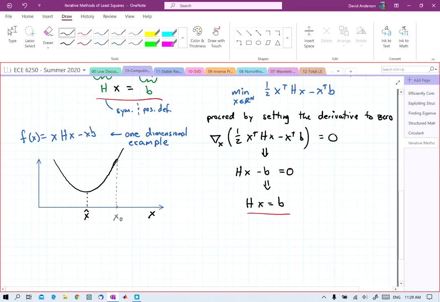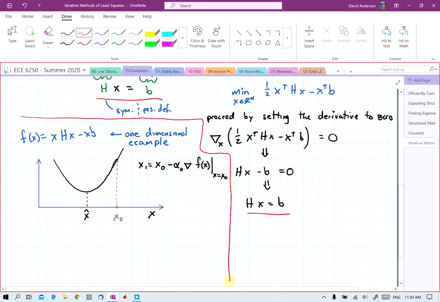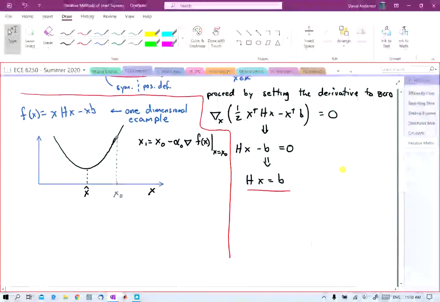We don't know yet. So we're going to say x1, our second guess, is going to be x naught minus some step, we're not sure, alpha, times the derivative. Okay, so we're going to step that direction. So what's going to happen?